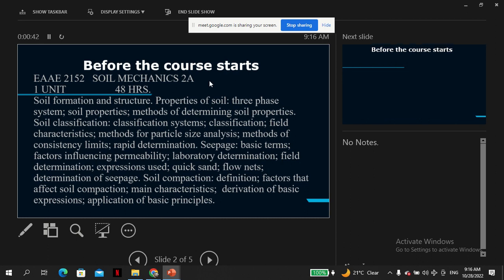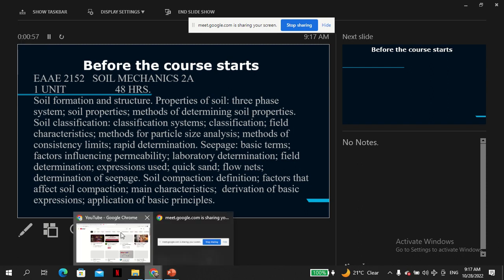This is the course outline. This is a service course for the Department of Architecture, and we're going to talk about soil formation and structure.